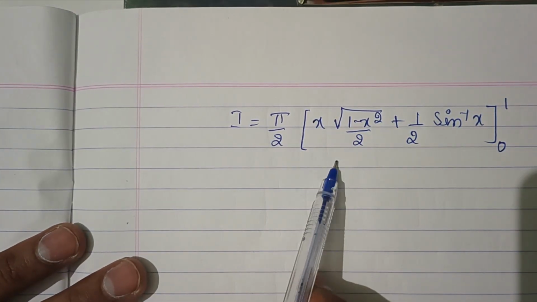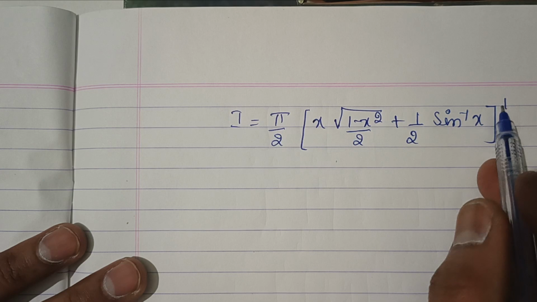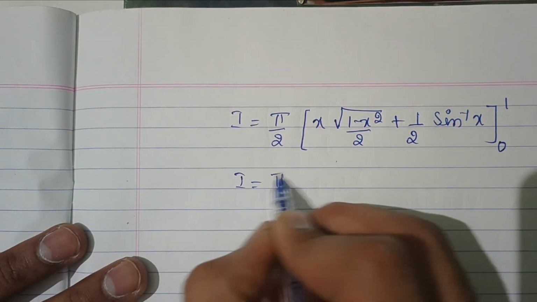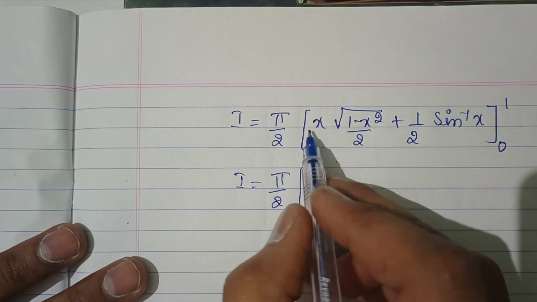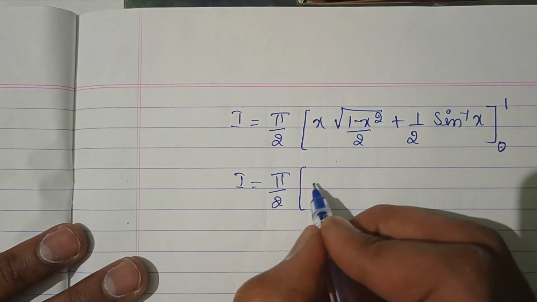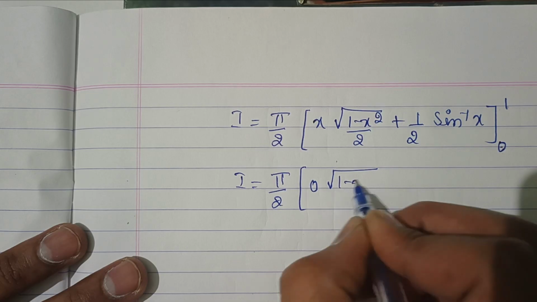Next we have to get this equation. In this equation we should apply the limits, that is 0 to 1. When we apply the limit, we get pi by 2, and wherever x is there we apply upper limit minus lower limit.